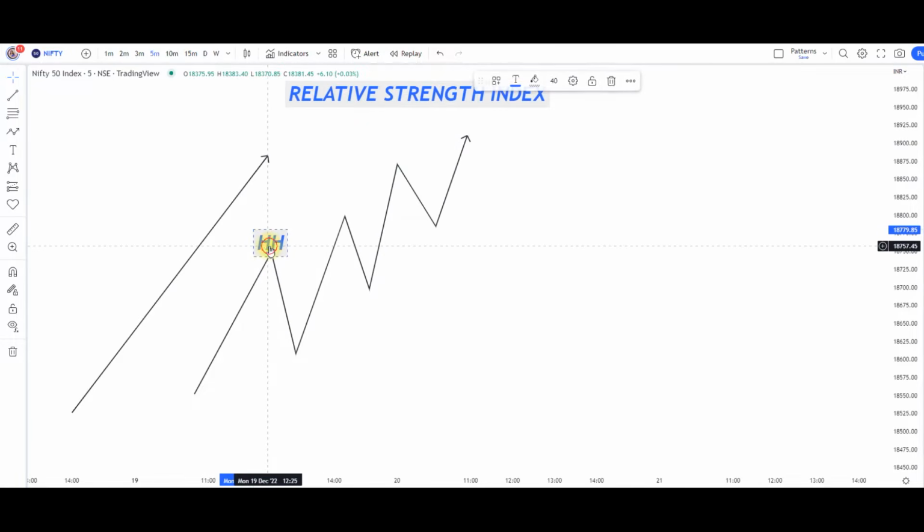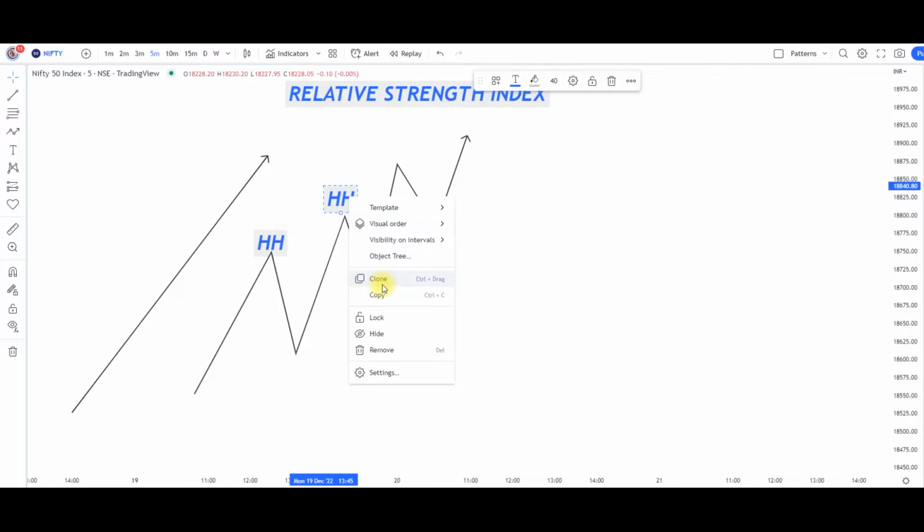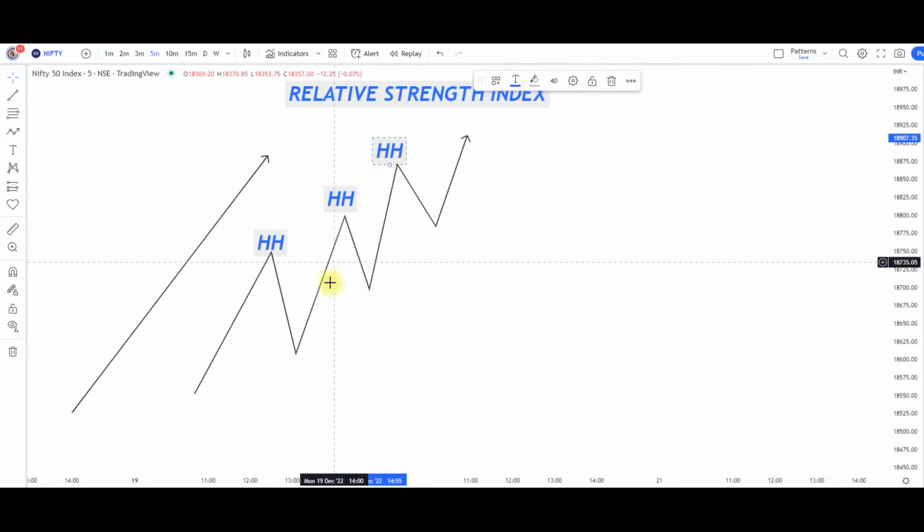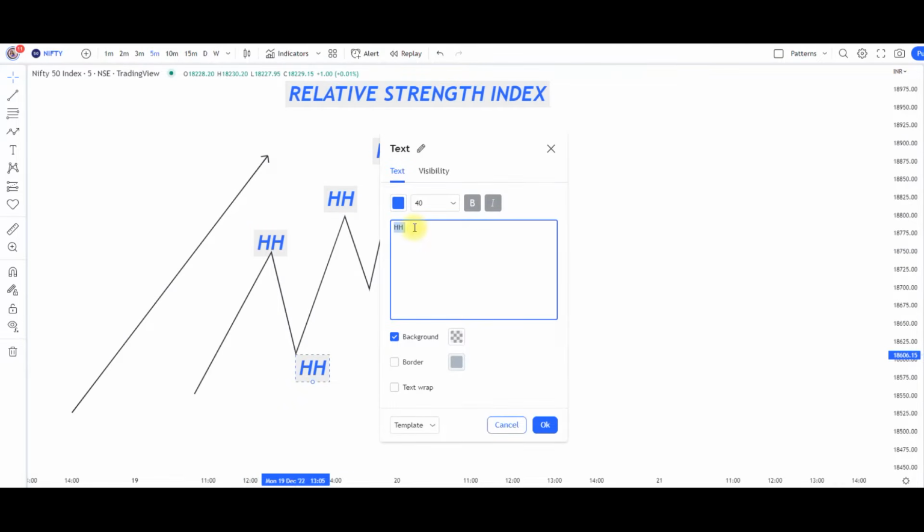So this is the higher high. Again higher high. One more higher high. And higher lows also formed. This is the higher lows.